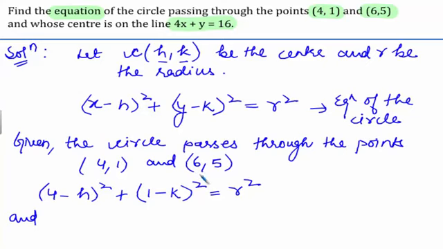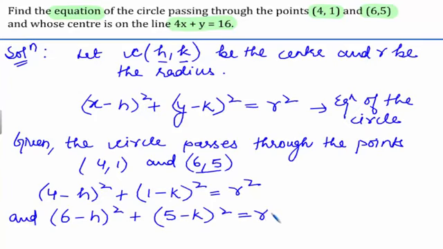And now the circle also passes through the point having coordinates 6, 5. Therefore, replacing x by 6 and y by 5, we have (6 minus h) whole square plus (5 minus k) whole square is equal to r square.